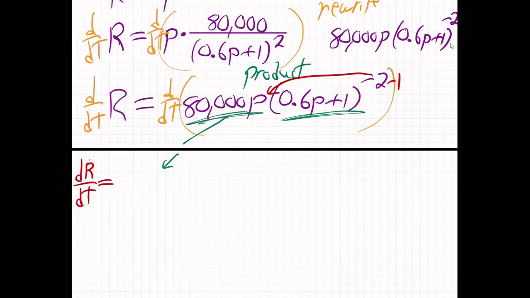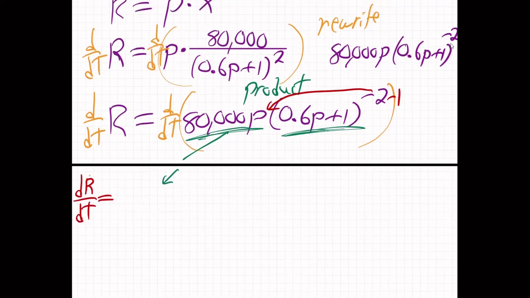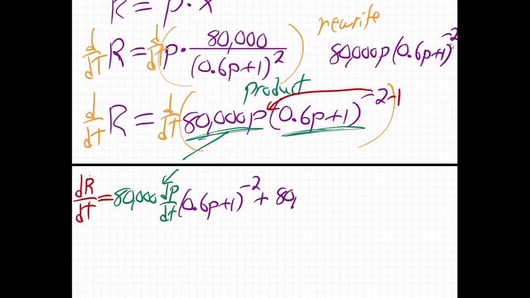Derivative of the first item, 80,000 dP/dt, times the second unchanged, (0.6P plus 1) to the minus 2, plus the first item unchanged times the second. Bring down the minus 2, leaves (0.6P plus 1) to the minus 3 power.